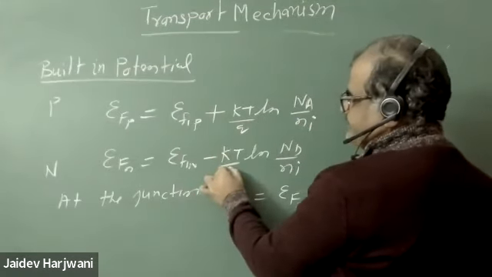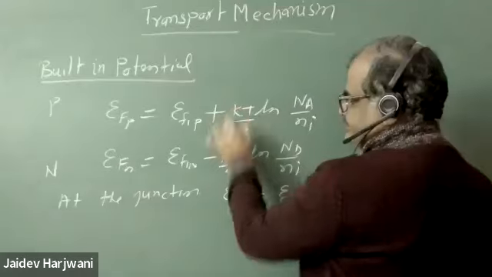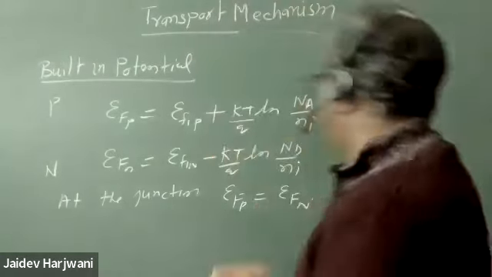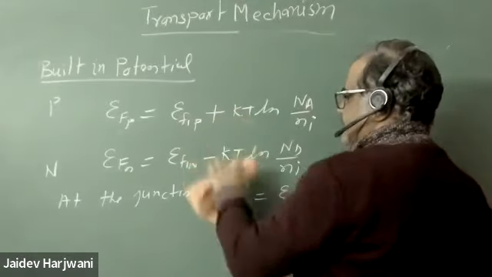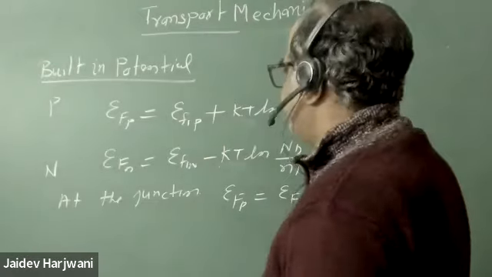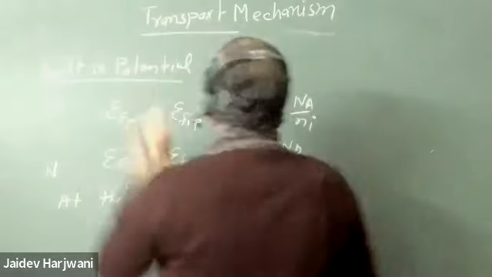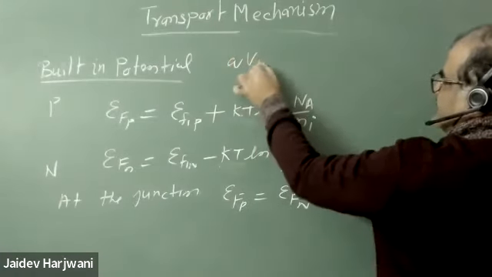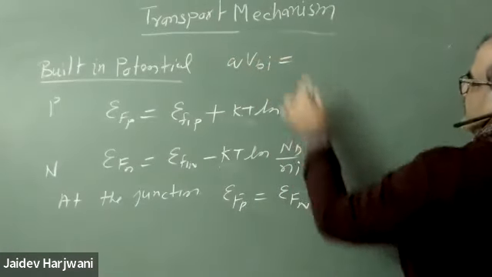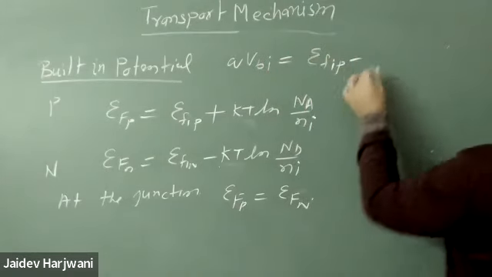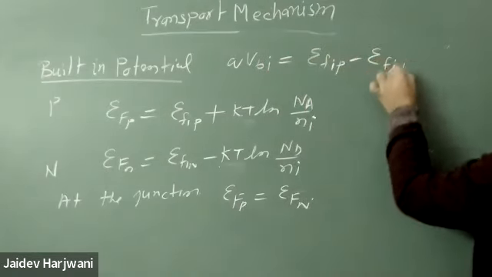KT by Q or KT? What is the formula? KT. Only KT, na? Yes, sir. Okay, it's only KT. So now find the difference. I want the built-in potential. We know the energy difference QVbi is equal to EFP minus EFN.